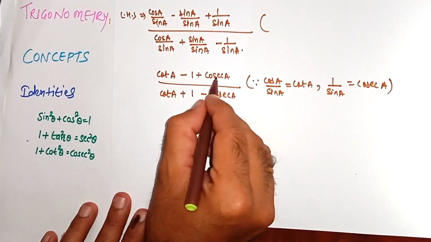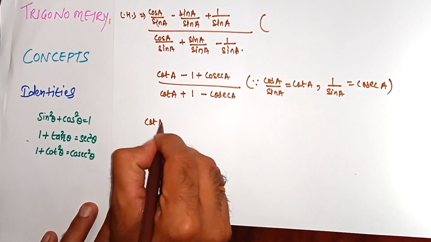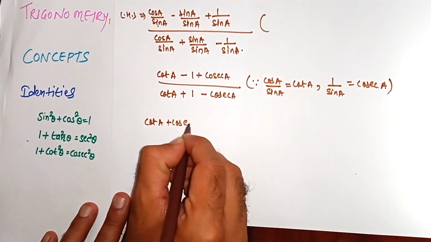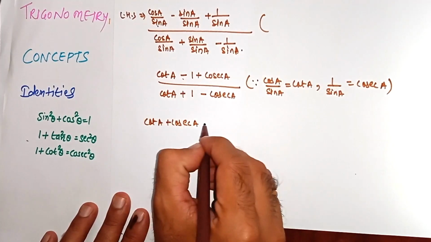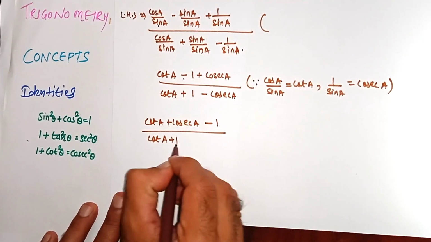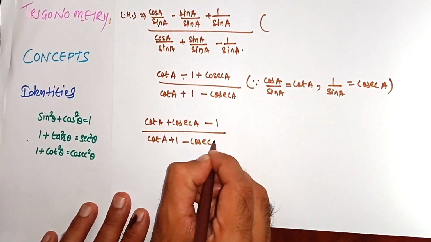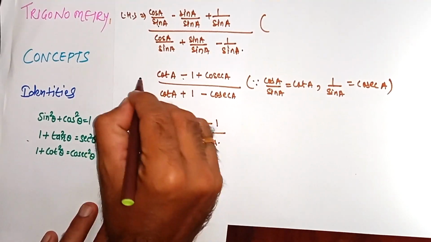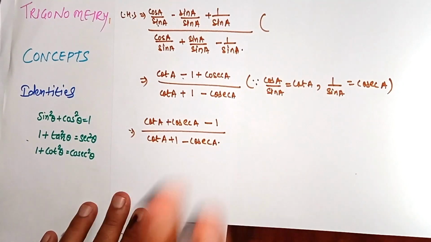We should bring it together: cot A plus 1 minus cosec A in the numerator... and the denominator, we should not make any changes in the denominator.